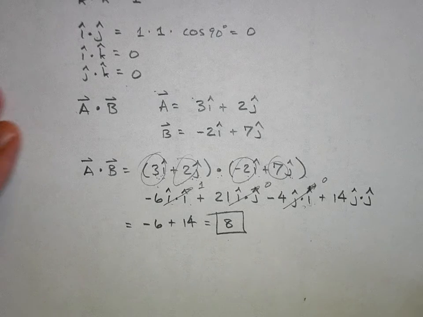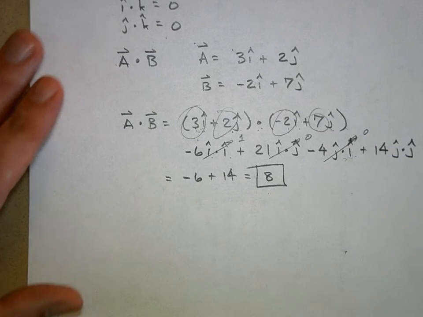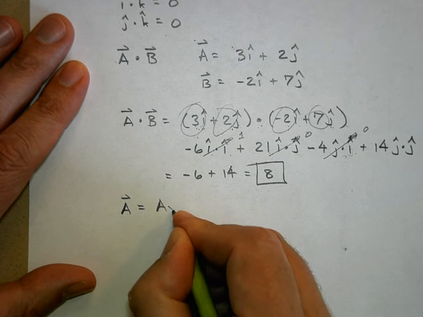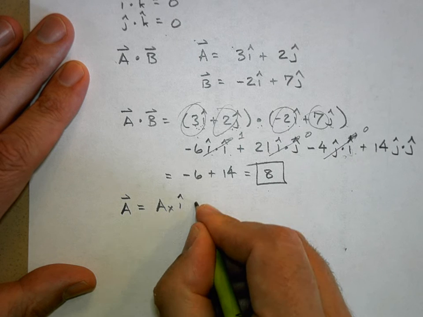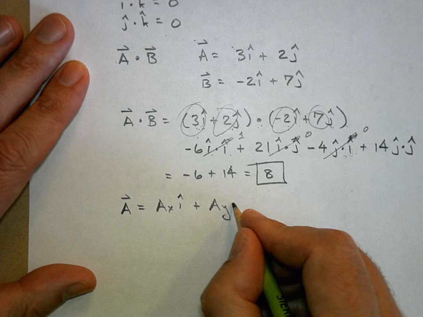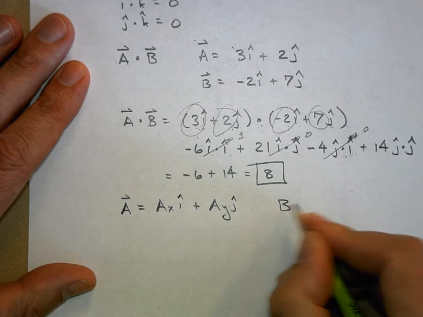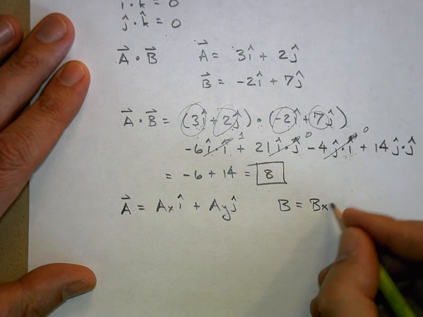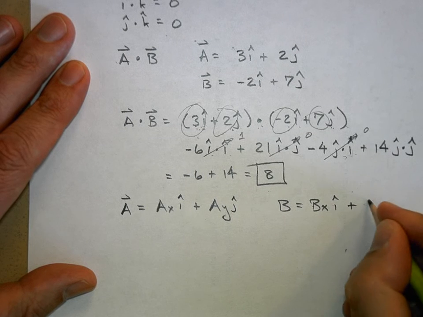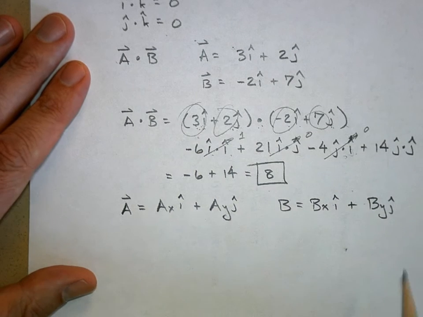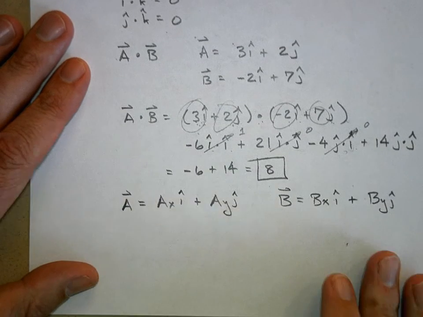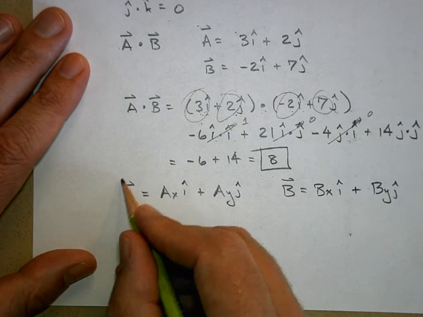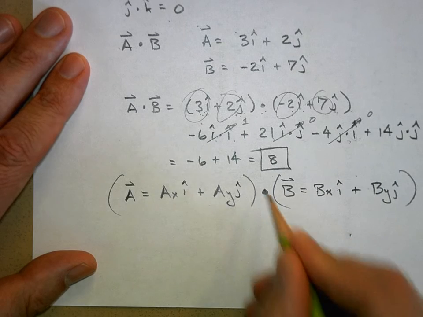Now, if I get a little more abstract here, and this is going to be boring, sorry, I'm almost done. Let's say vector A, we're just going to call it some magnitude Ax plus Ay. And then B is just going to be equal to some value, Bx plus By. Well, if I multiply these together, taking the scalar product, we're going to dot these.